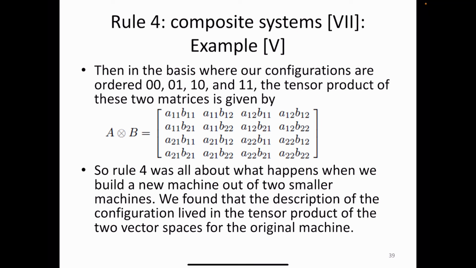So two-dimensional matrices, if you create a tensor product out of these, will result in one 4-dimensional matrix. And this could be one matrix that you apply to a 2-bit state, such as this one here.